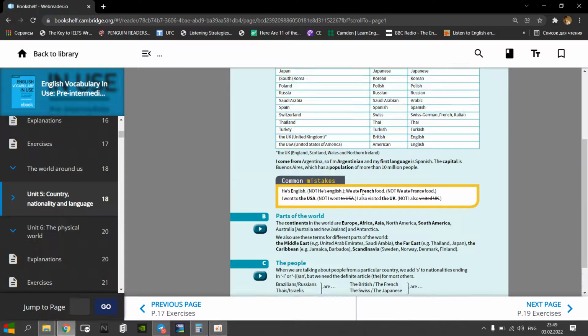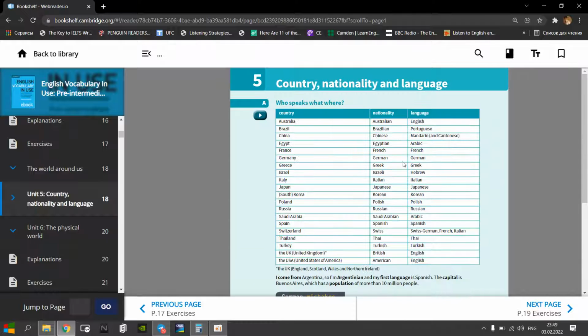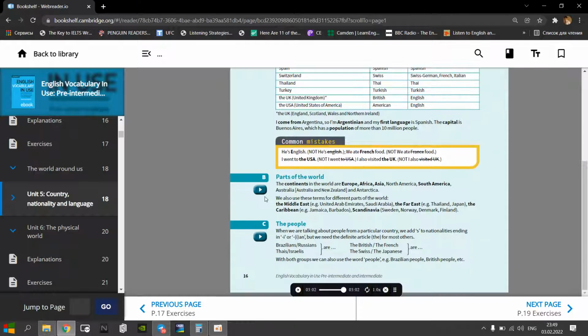Also pay attention to that: do not confuse the country's name with the nationality or the language or the culture which belongs to a certain country. For example, French food, right? So we don't say France food. And with certain countries, like the USA, we use a definite article. So here we go. Now let's take a look at the B part.